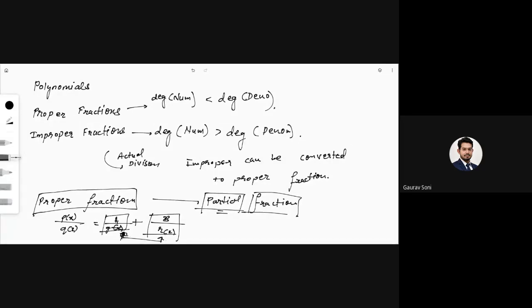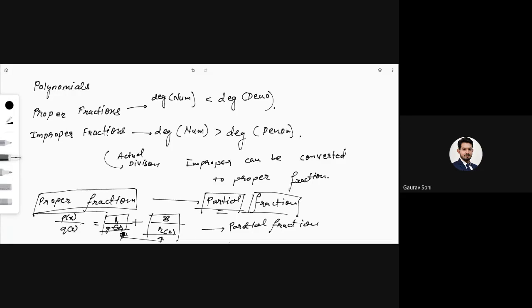The process by which you convert the proper fraction into a sum of some small fractions is called the partial fraction. So every proper fraction that we get, I should be able to write down as a sum of two fractions, three fractions, like this.